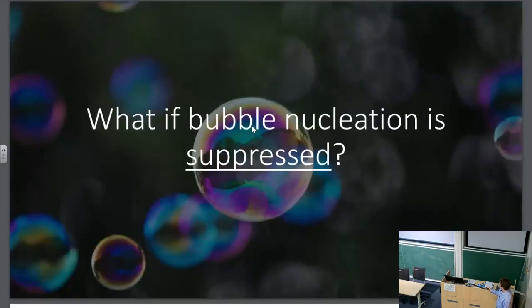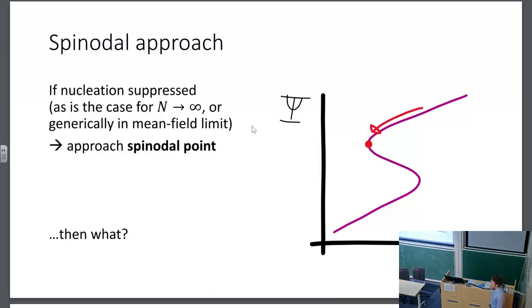Now I want to go on to another related topic, which is what if bubble nucleation is suppressed, okay? So I think it was mentioned in David's talk also that if fluctuations are suppressed, which they are at large n in particular, then bubble nucleation will be suppressed by some powers of n.